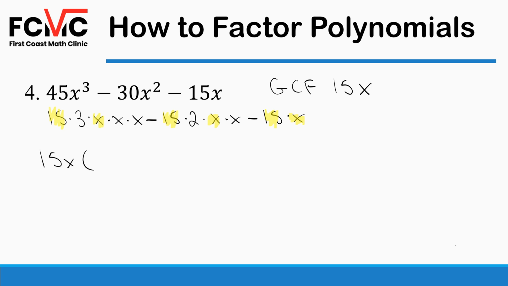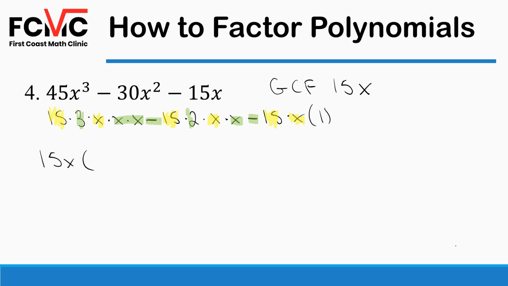So we can pull that out, and everything else is going to remain inside the parentheses. So we've got 3x squared minus 2x, and then minus, well, we've pulled both the 15 and the x out. So what do we have left here? If we factor the 15 and the x out, we're left with just a 1.